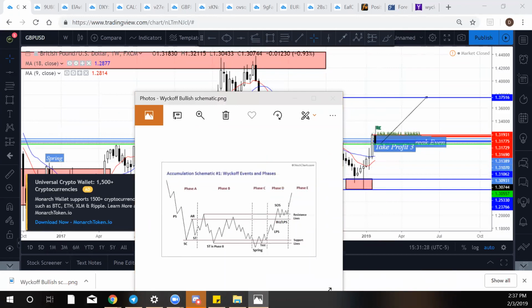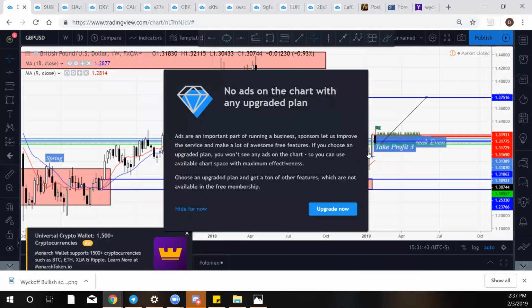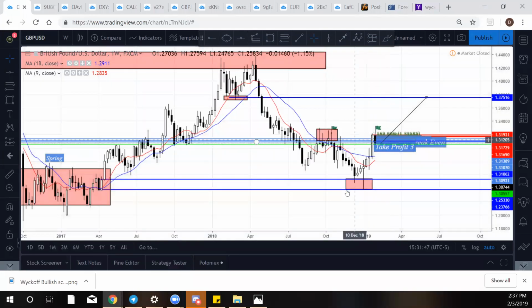When I'm looking at this, I'm not really looking at Steve Morrow's market maker method, honestly. I'm really just looking at the institutional patterns. It's a basis for you to look at your charts, really. It's pattern recognition.